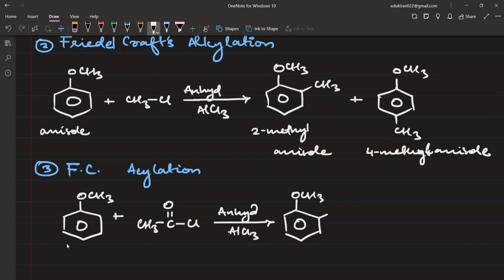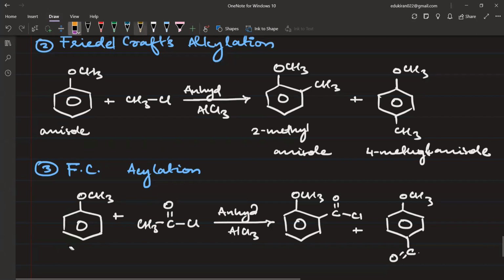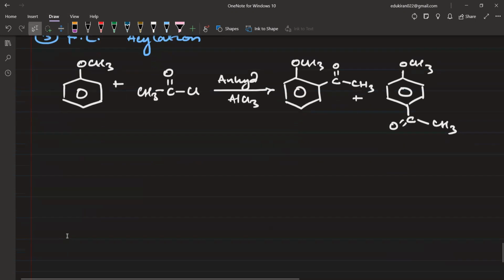Here I will be getting C double bond O and Cl. Thus I will be getting a para product, anisole as it is, C double bond O. Sorry sir, it will not be Cl, it will be CH3, my bad. Cl will leave with the halogen carrier. Here I will be having CH3. Fourth one is nitration.